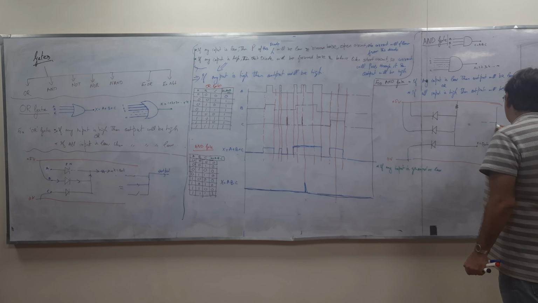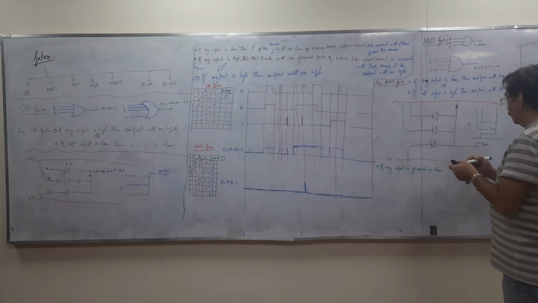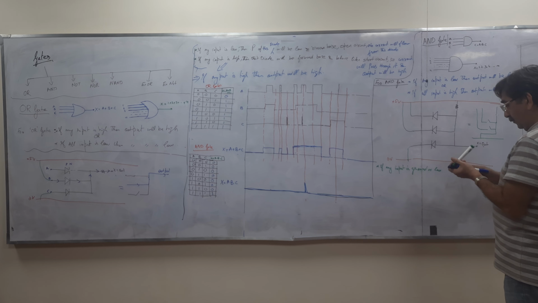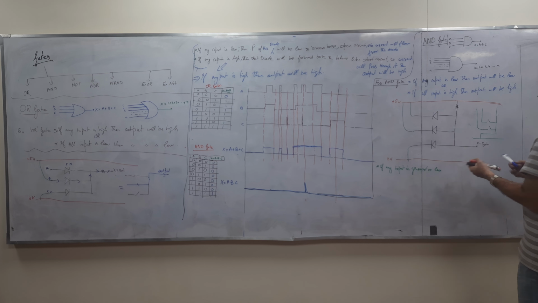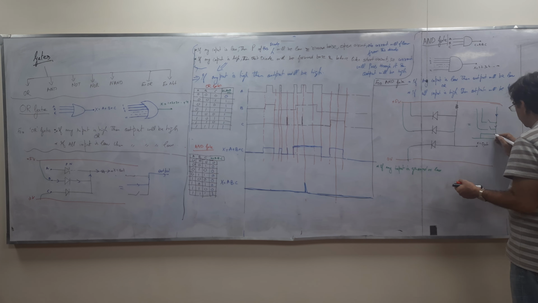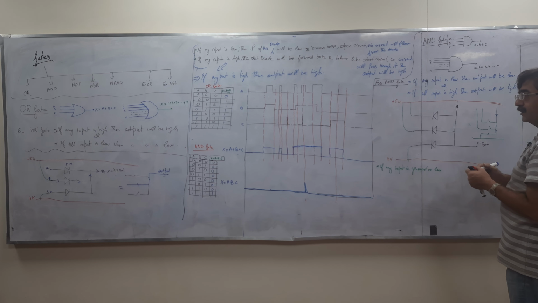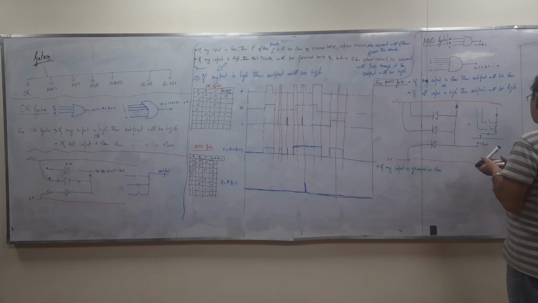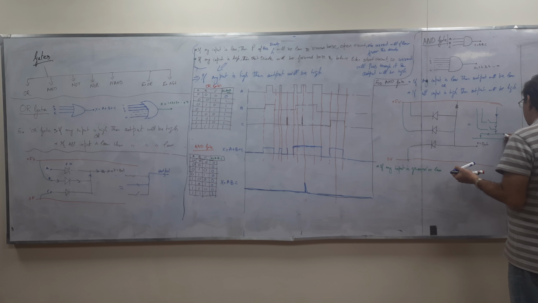These are open. So all the current will pass through, because this diode will be forward bias and treated as a short circuit, and no current will pass through the output.